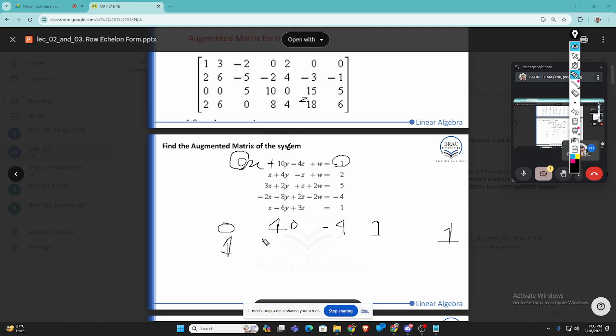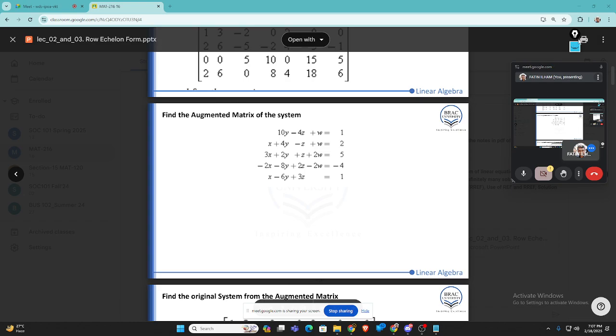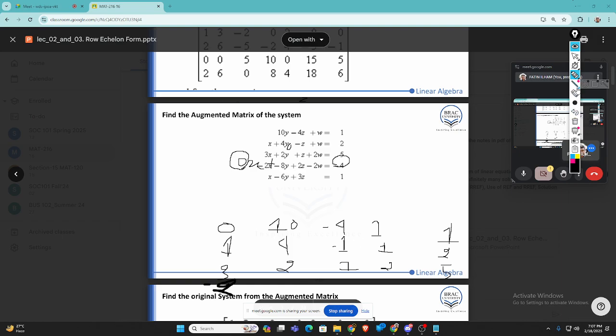Then 1, 4, minus 1, 2, then 3, 2, 1, 2, 5, then minus 2, minus 8, minus 4.